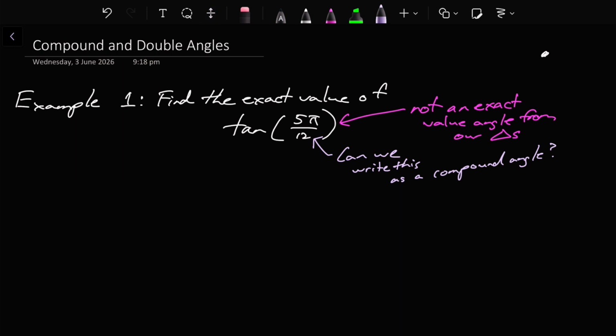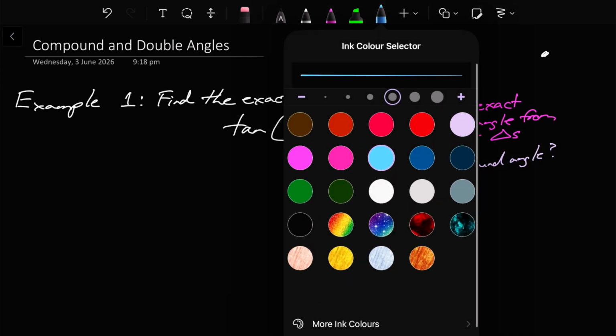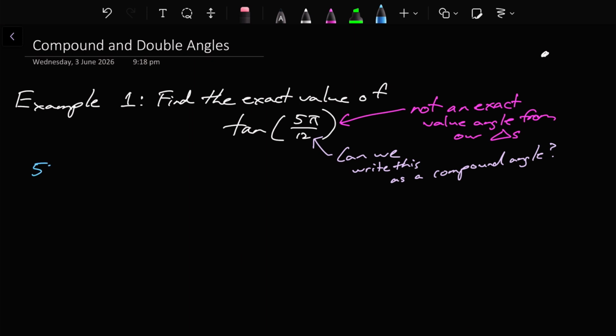So we can say, let's do it in blue, 5 pi on 12 is equal to, and now we're just going to look for ways that we can split up this 5 pi on 12 to simplify our fraction nicely. So there's really only a couple of options, which is nice, and it's going to be this.